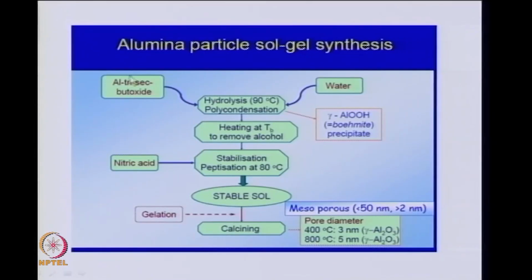So, you start with the aluminum alkoxide and you end up with gamma alumina nanostructured particles and with porosity in the range of 3 to 5 nanometers, and so you get mesoporous alumina using this sol gel synthesis.